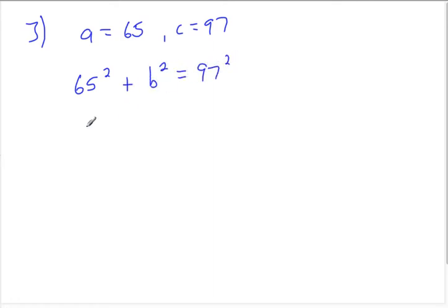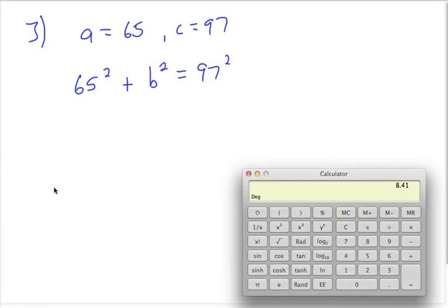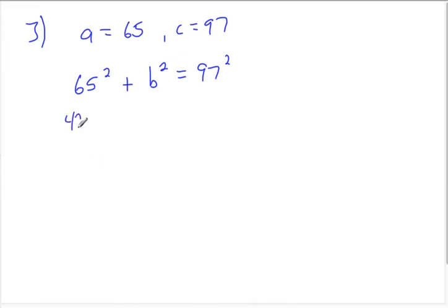Number 3. A equals 65, C equals 97. So we know that 65 squared, which we know from earlier, but I forgot, is 4225, I remember now, plus B squared equals whatever 97 squared is.